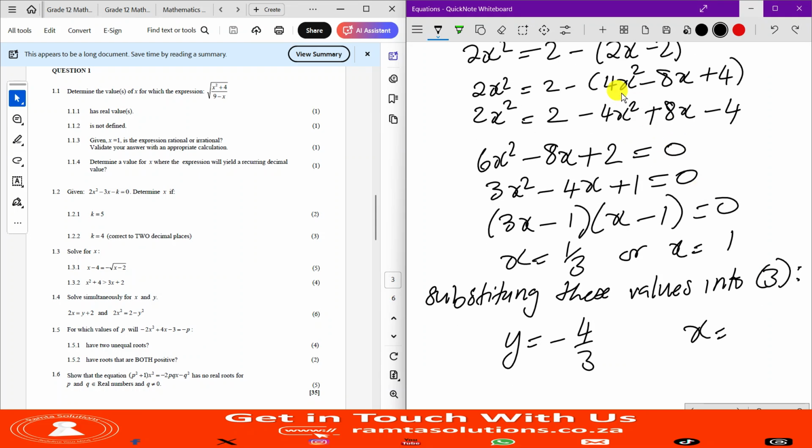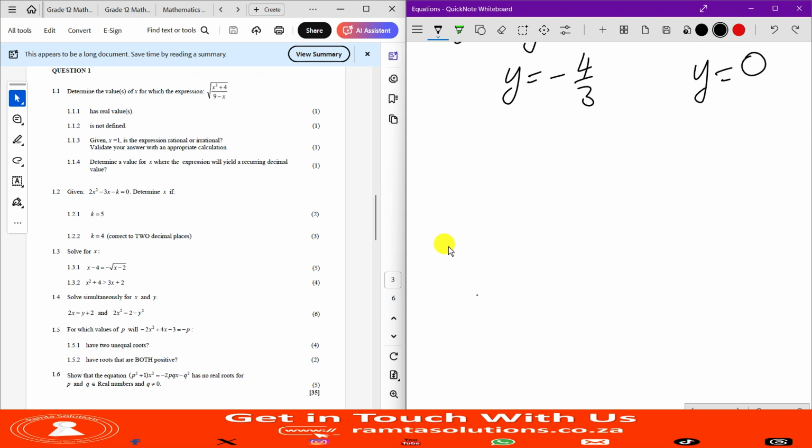So it will be 2 times 1 is 2, minus 2 is 0. So y is 0. And this is how you solve this problem. Okay, all right. Moving on.